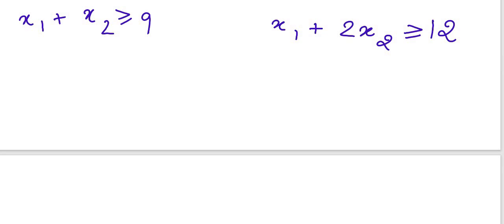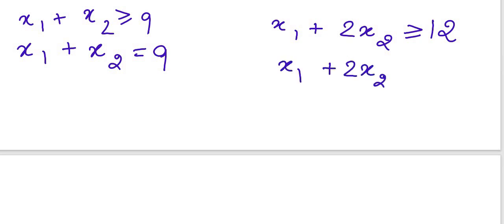So first of all we will remove the sign of inequality and put the sign of equality. So it will be x1 + x2 = 9, and x1 + 2x2 = 12.